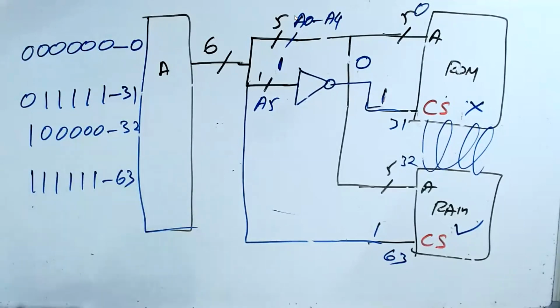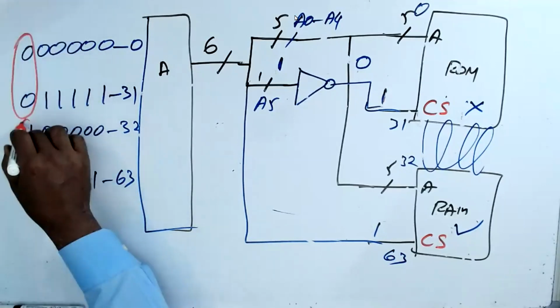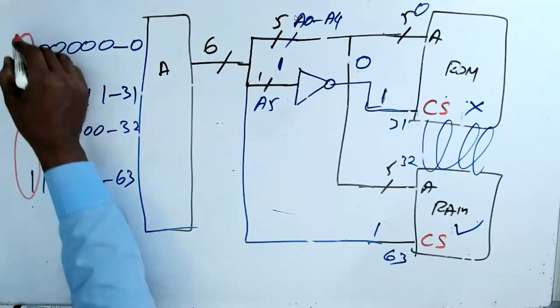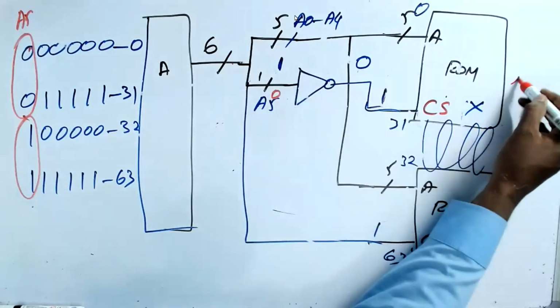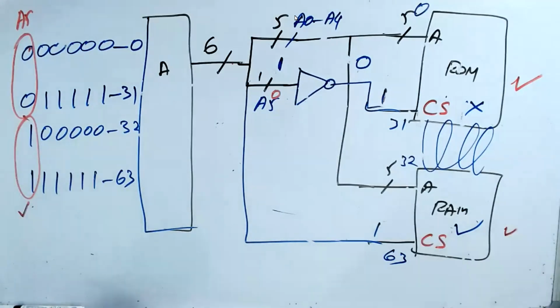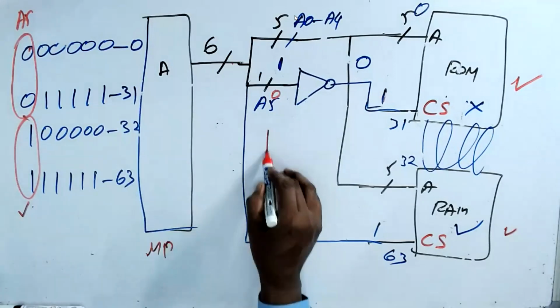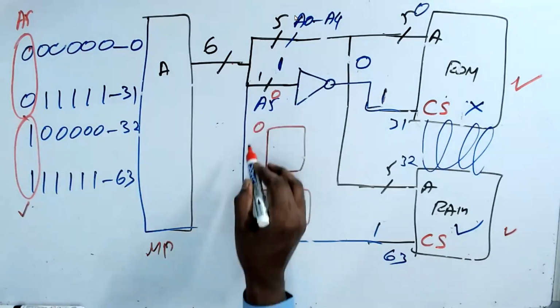See here, when A5 is 0, this will be selected. When A5 is 1, this will be selected. So for the microprocessor, I have 2 chips, and the ROM's address range is 0 to 31.